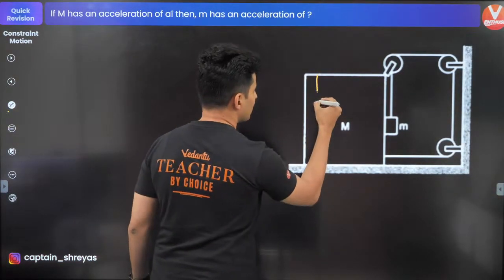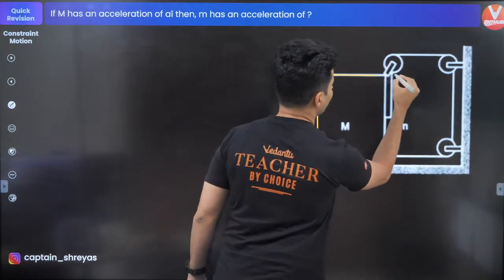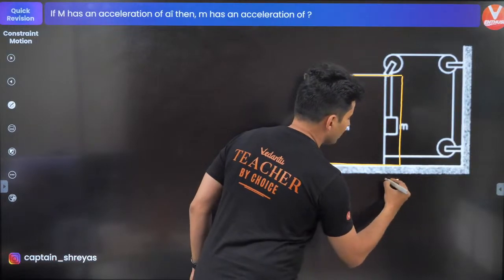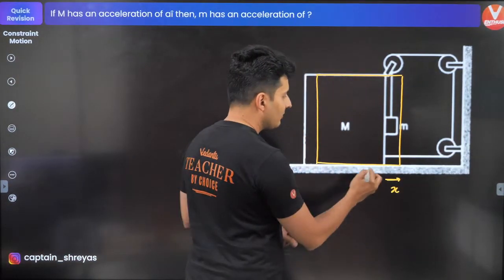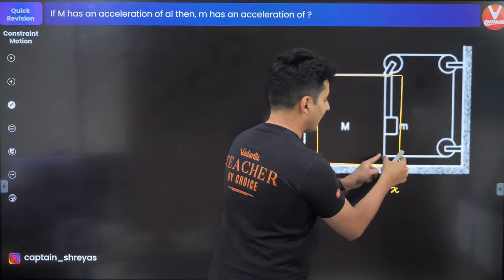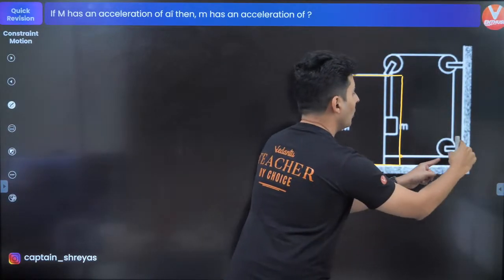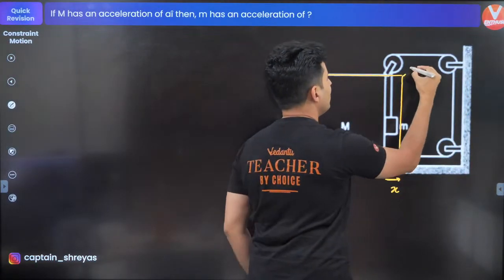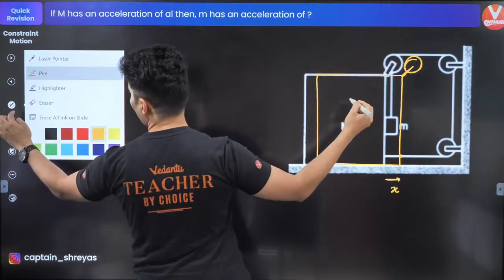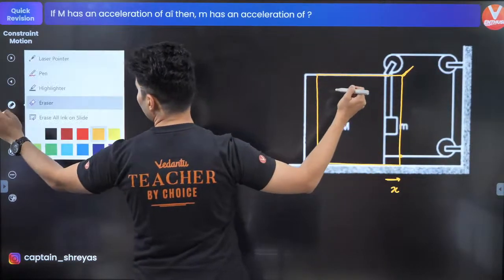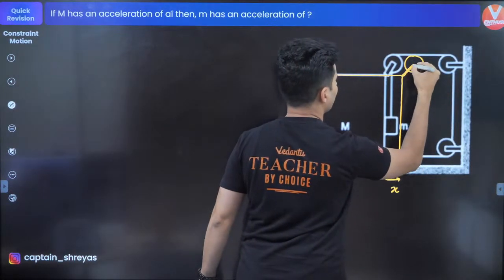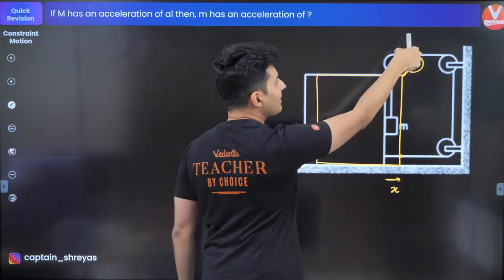So this mass will move slightly by a distance of x. If this moves by x, this point will come over here, so you get x amount of string free. Oh, this pulley is also there. Let me draw it nicely so that you can visualize it. This string is also there.